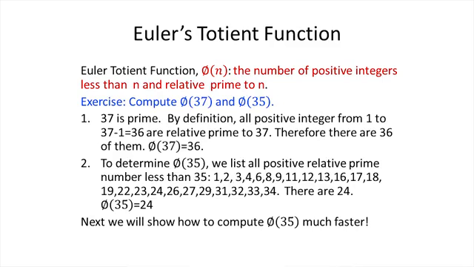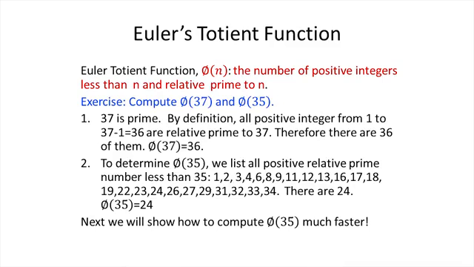So by definition, any integer from 1 to 37 minus 1, that is 36, is relatively prime to 37. And based on that definition, there are 36 of them. Therefore, phi of 37, or the Totient function of 37, is equal to 36.